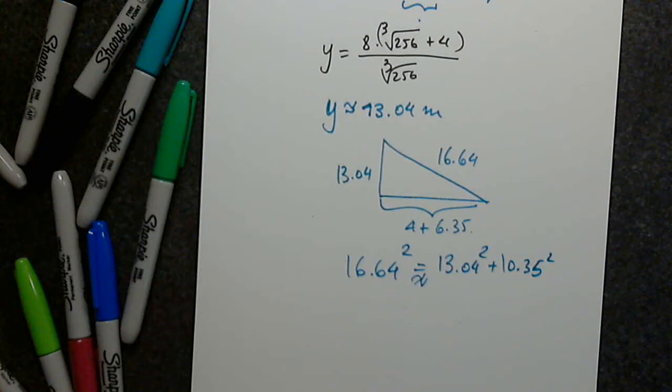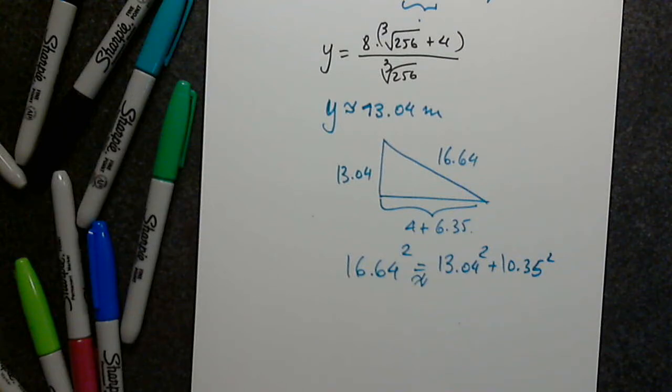So let's check. 13.04 squared plus 10.35 squared and 16.64 squared. If they're not pretty close, then I have an error.